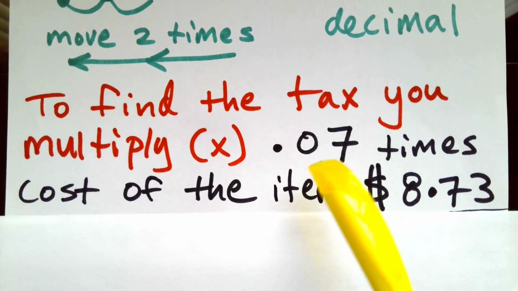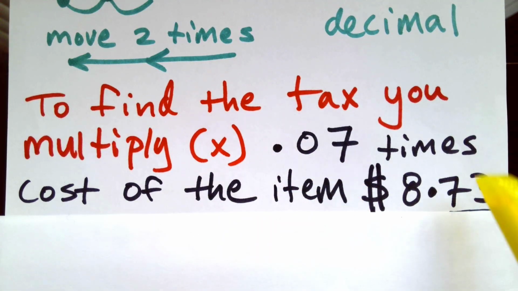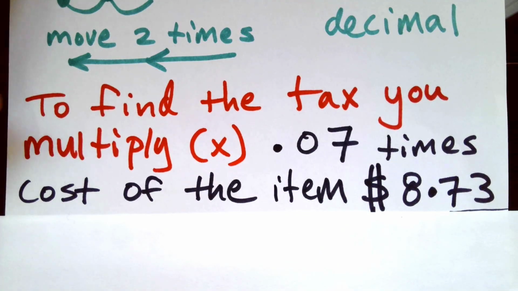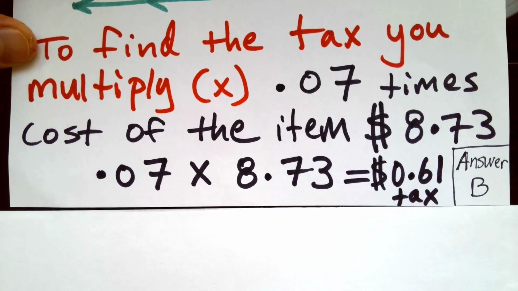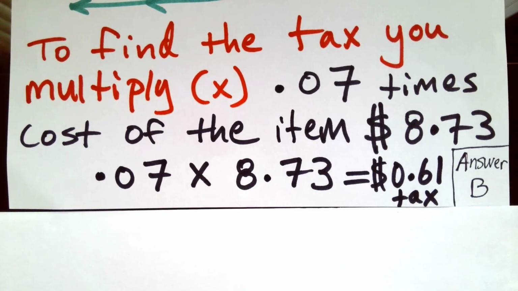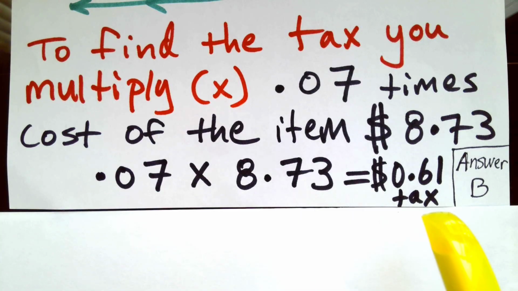So you're going to multiply the value of the tax as a decimal, 0.07, times the cost of the item in order to find the tax. So 0.07 times $8.73 equals 61 cents. That is going to be your tax. The answer is B, 61 cents.